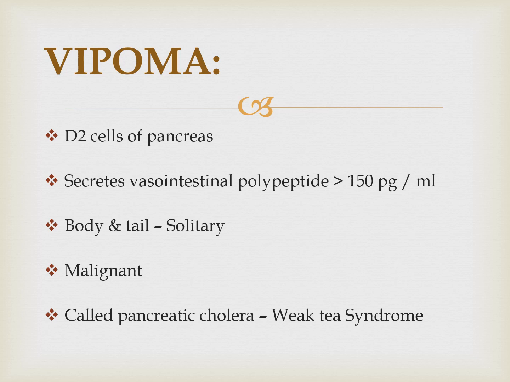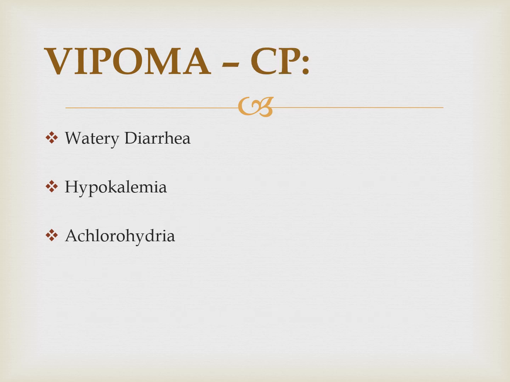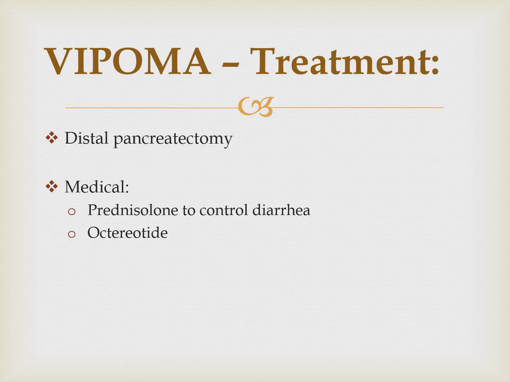It is a solitary tumor located in the body and tail, malignant tumor, and it is called pancreatic cholera or WDHA syndrome. Why? Because it is characterized by watery diarrhea with hypokalemia and achlorhydria.